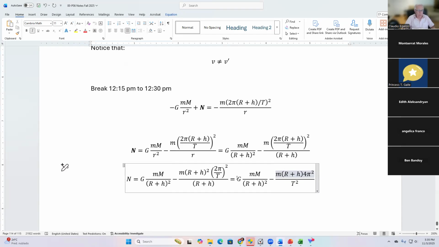What you see right in here is the weight of the person at that height. And what you see right in here is the centrifugal acceleration. Is the centrifugal force that the astronaut is being subjected to due to the rotation of the tower as it goes around, right?